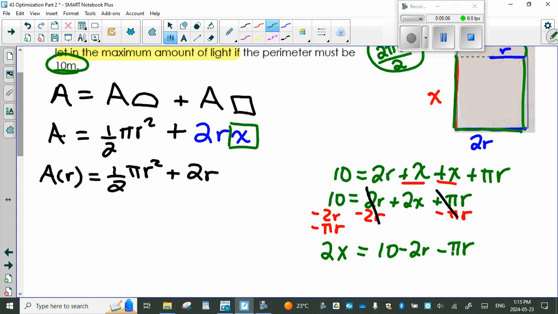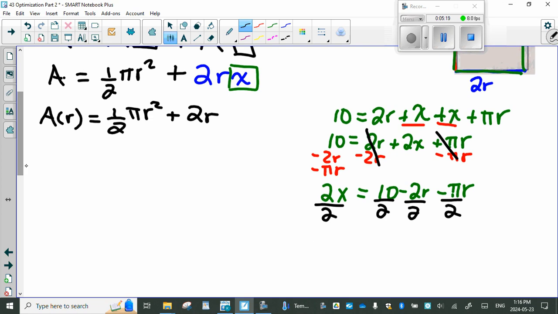But I don't want 2x, I want x, so what am I going to do? Divide everything by 2. So I end up getting x is equal to 5 minus r minus pi over 2 r.